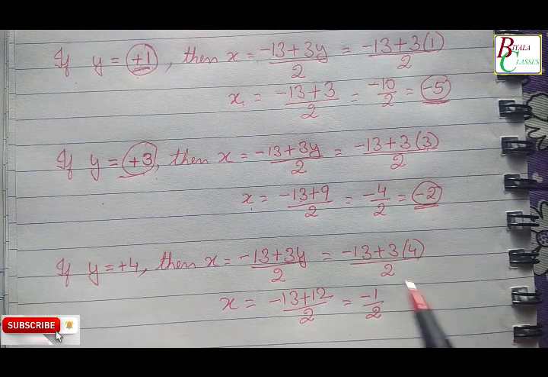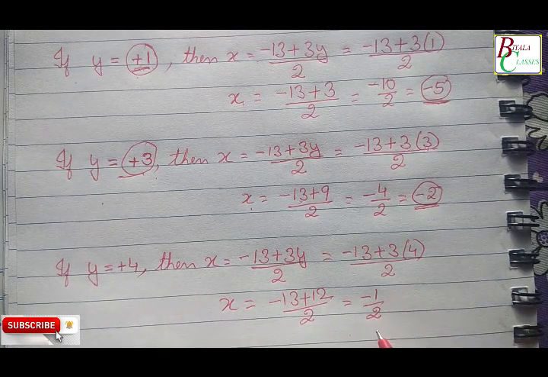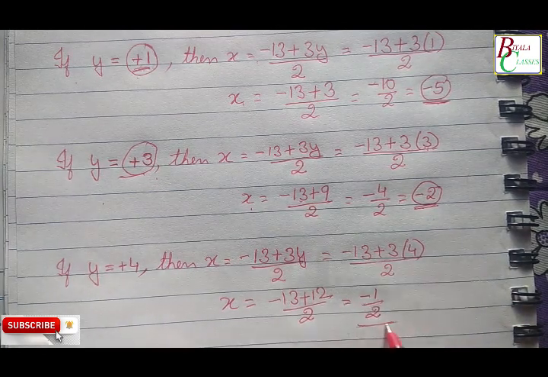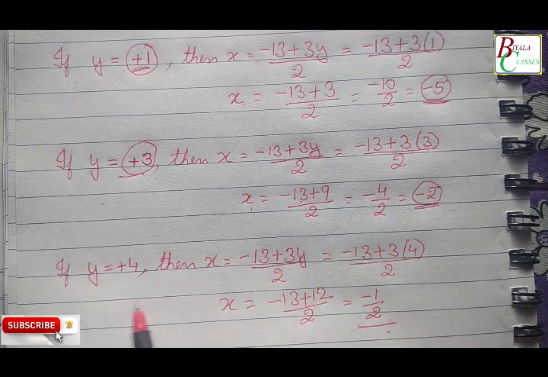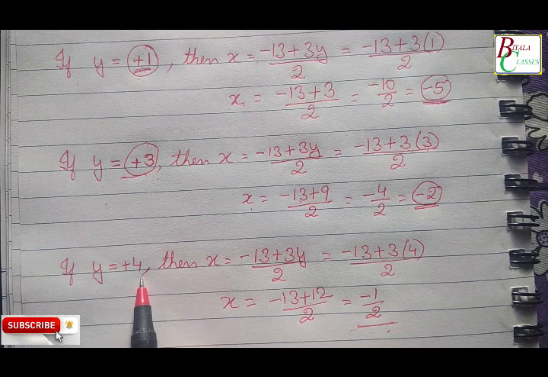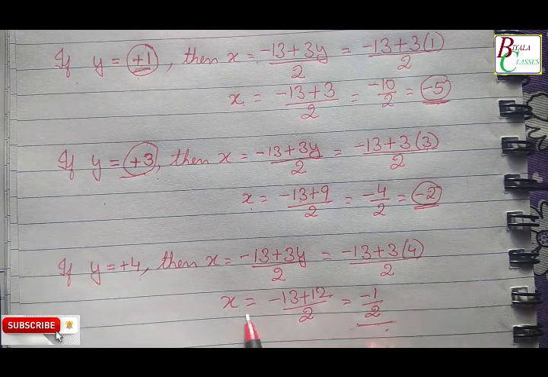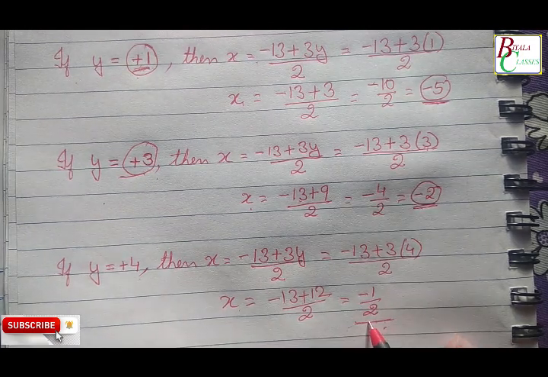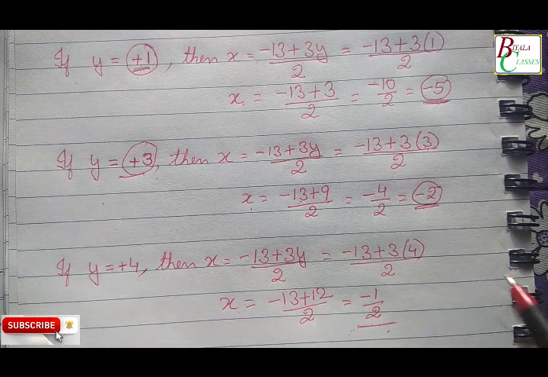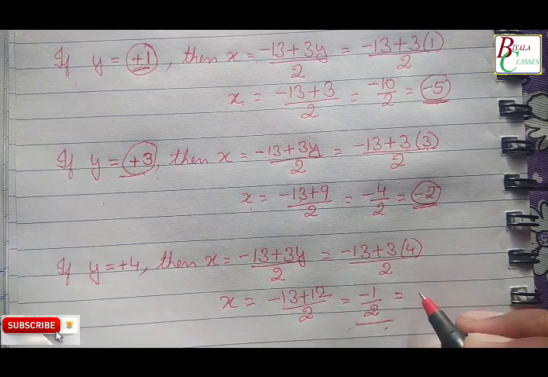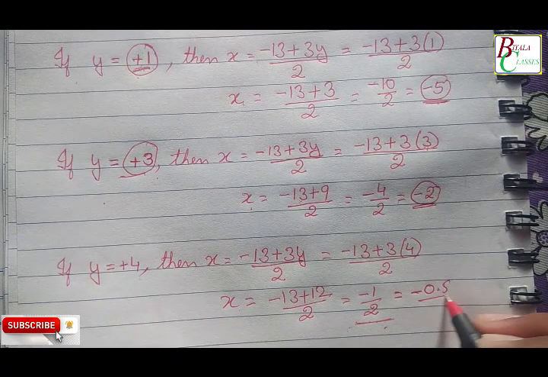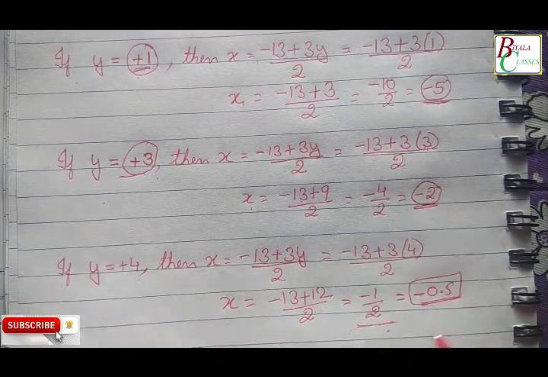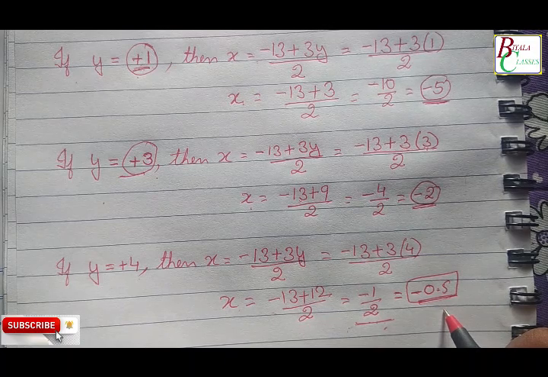Now here you see I have taken such a value so that I can make it clear how to plot decimals in the graph, how to use decimals also. So when we are taking y equals to plus 4, the value of x, we get it as minus 1 upon 2. So when you take this minus 1 upon 2 and convert it into decimal, you get it as minus 0.5. So this is the value of x which we have.